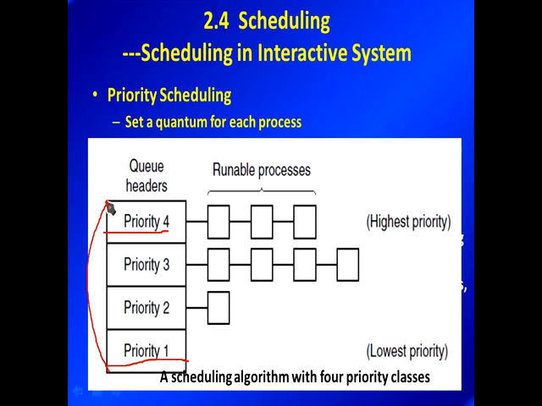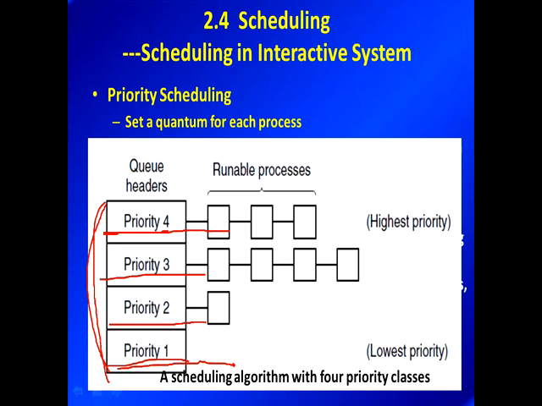So for this case, the scheduler will choose a process from this queue first. If this queue is empty, then it tries a process on this queue. And if this queue is also empty, it tries the next one until the final queue in this system. So this is very easy to implement compared to setting a different priority for each single process.